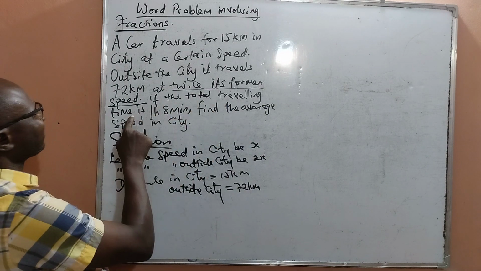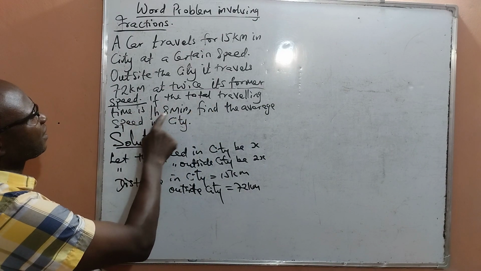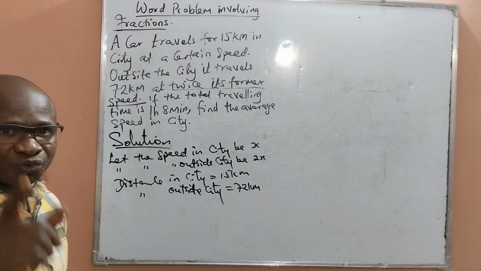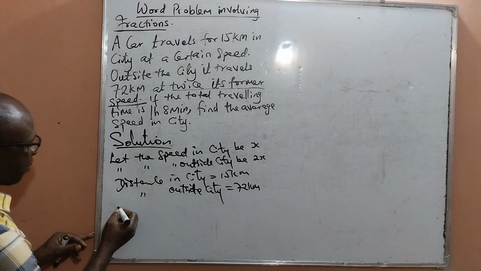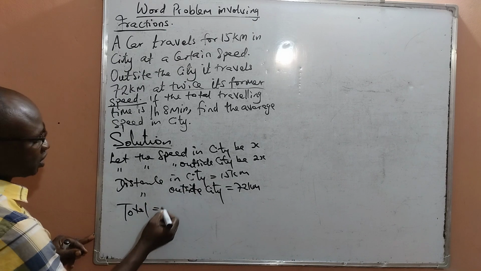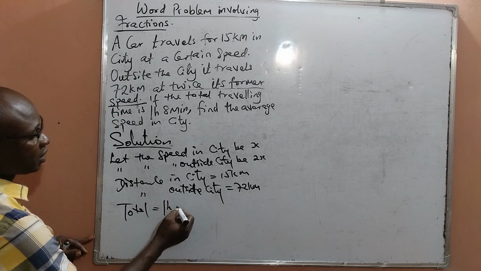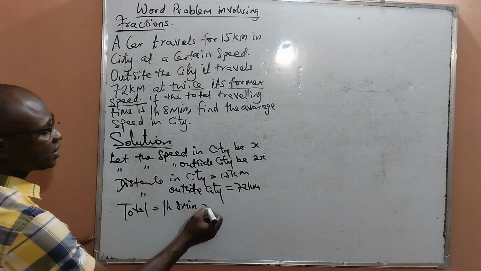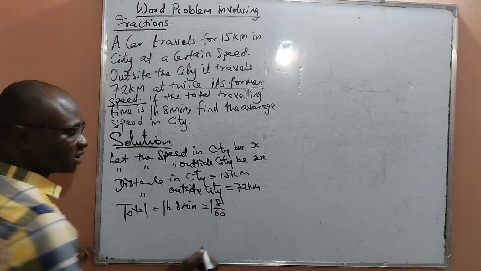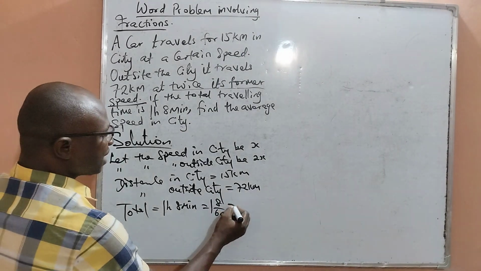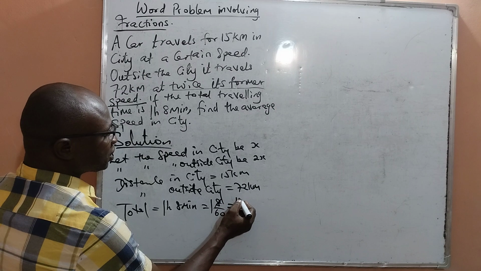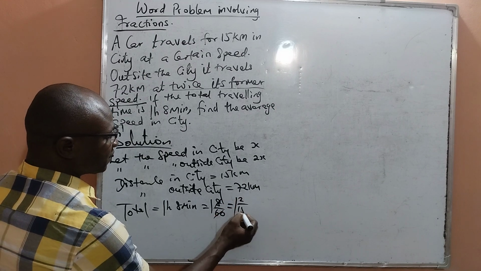The total traveling time is 1 hour 8 minutes. So let us convert this time to hours. 1 hour 8 minutes is the same thing as 1 hour and 8 over 60 hours, changing it to hours. That is 1 whole number, then 8 over 60, dividing by 4, is 2 over 15.